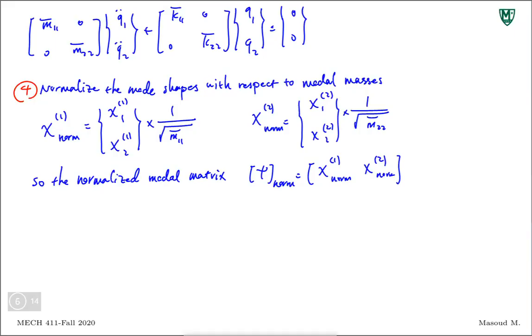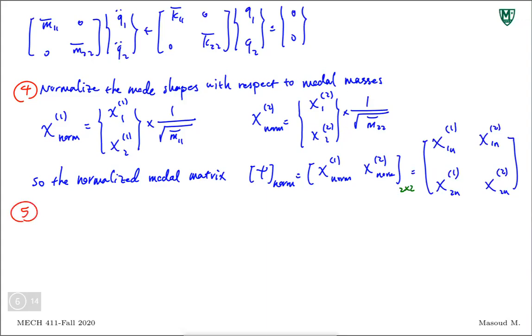Right, this is a 2 by 2 matrix, which you can write like this: x11 norm, x12 norm, x21 norm, x22 norm. All right, this was the new step.